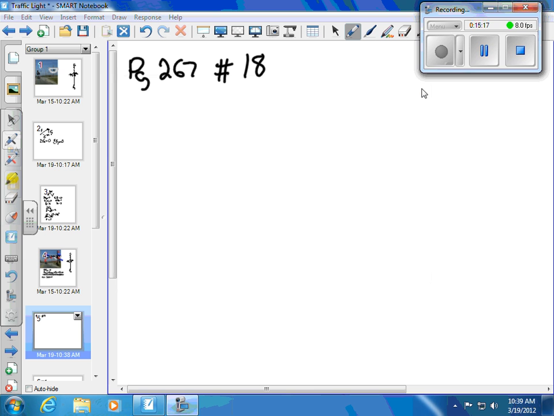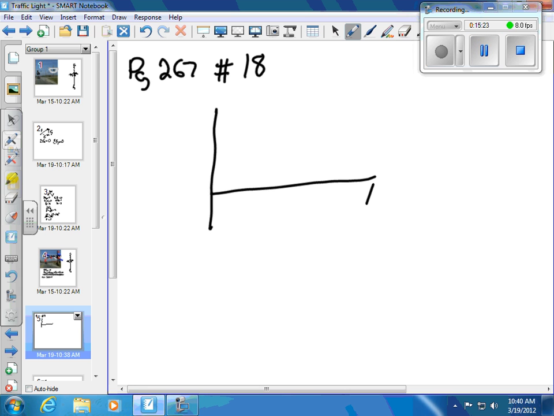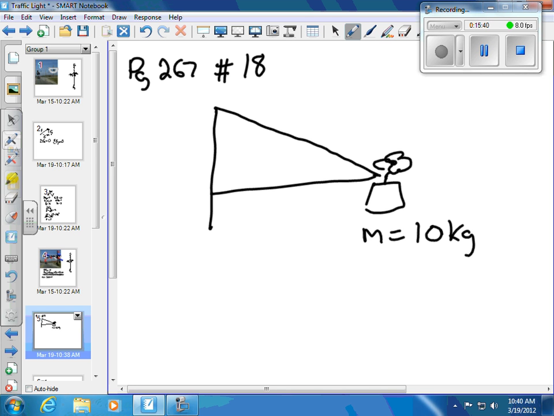We're just ignoring its mass for right now. So we have our flower pot here, with a mass of 10 kg, and there's our cable.